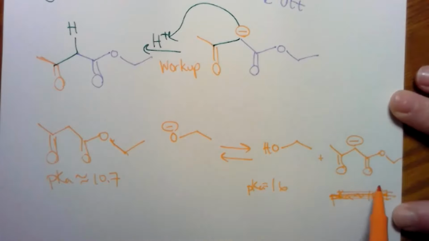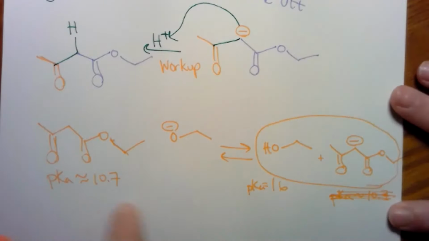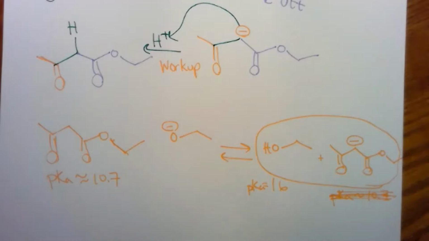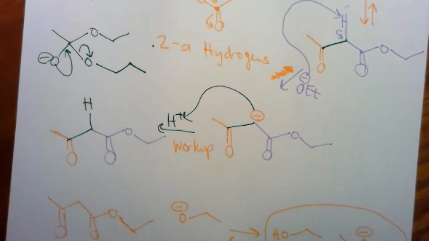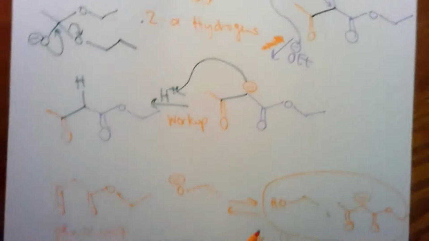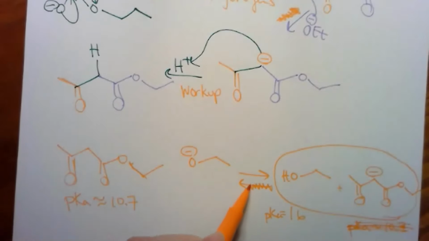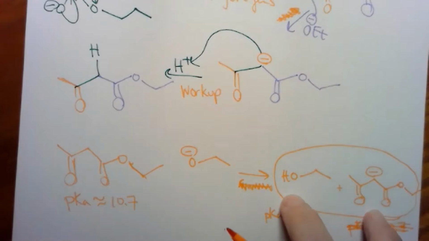Equilibrium favors products and products only. That difference is big enough that we would say it's almost exclusively products. So that's why we say this step right here is irreversible, because the pKa says it's irreversible. The pKa says you have products only when those two are in solution together. They mandatorily form this. Okay, what's the big deal?